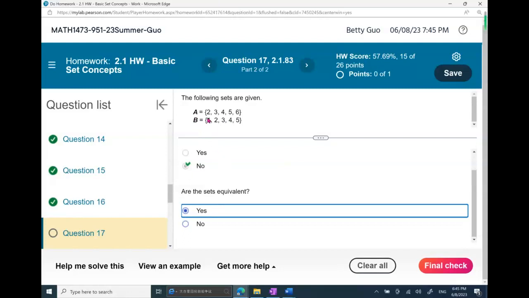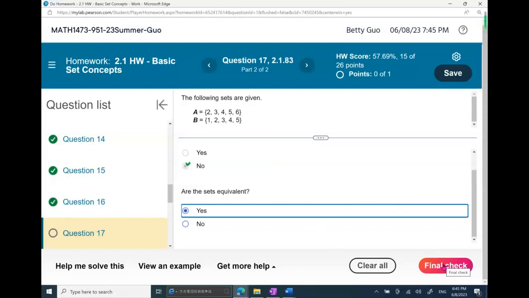The cardinal number of A is 5, and the cardinal number of B is 5 as well. So this is just about two simple basic concepts. Two sets are not equal, but they are equivalent. Equal and equivalent are different.